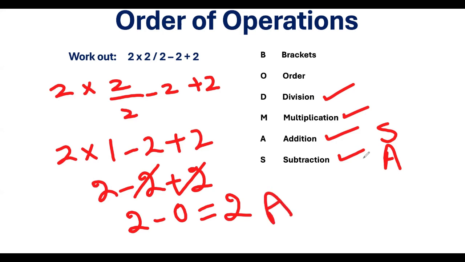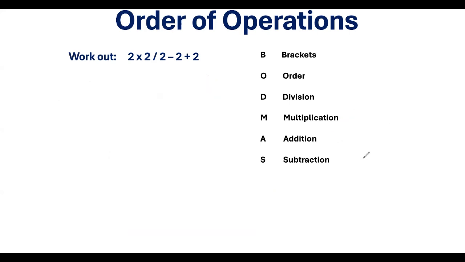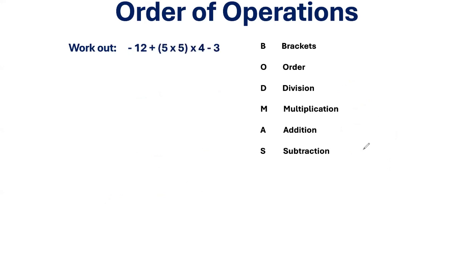Next. Minus 12 plus 5 multiplied by 5 in bracket, multiplied by 4 minus 3. Let's start with this.